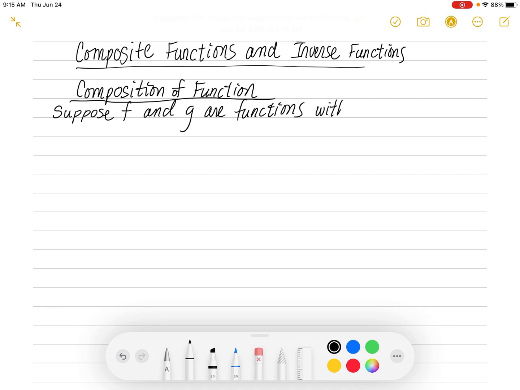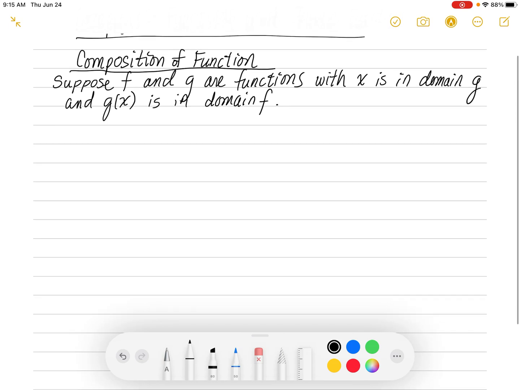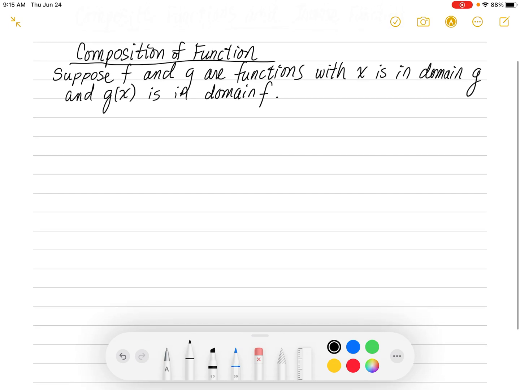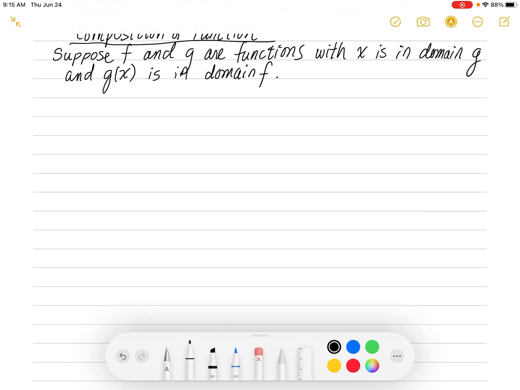Suppose f and g are functions where x is in the domain of g and g of x is in the domain of f. Okay, so that's kind of the background information.